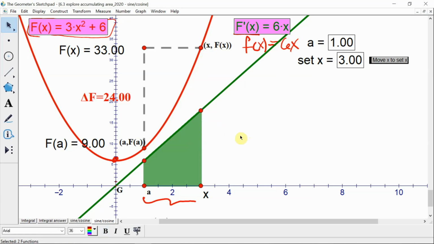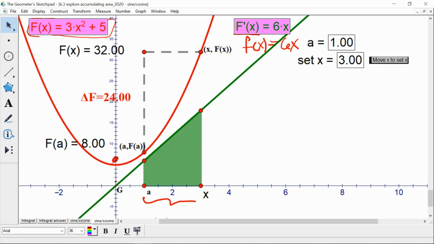Again, using what we know about this accumulated area. So first, notice it is not just the y value of the antiderivative at the same x value. So that would be 33. So this value is 33. And here's why that should make sense. Because different c values, right?